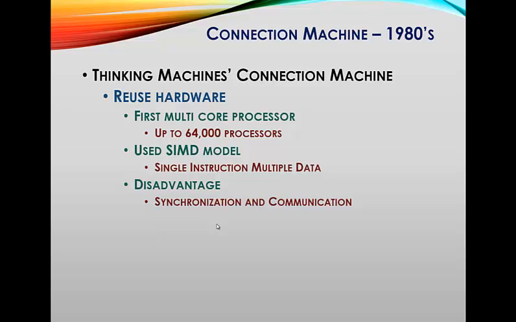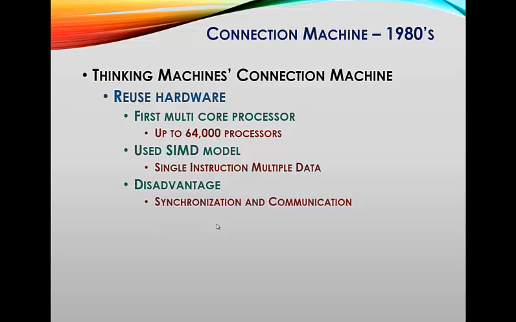This also led to the creation and utilization of SIMD, the so-called single instruction multiple data, which is used in today's modern processors also, with extensions such as SSE, streaming SIMD extensions, MMX, multimedia extensions, or AVX, advanced vector extensions.